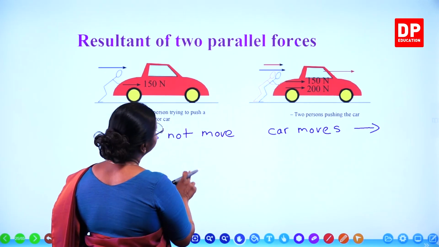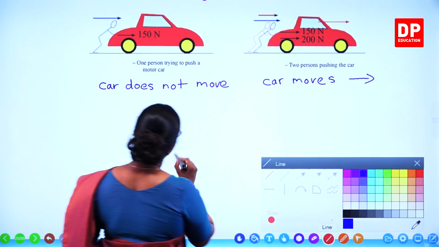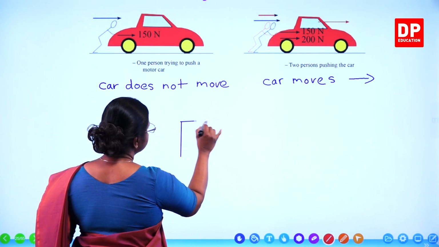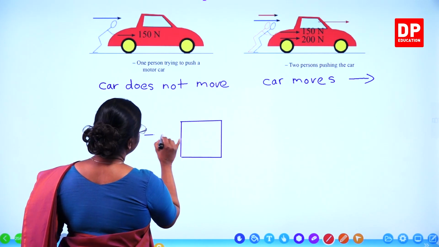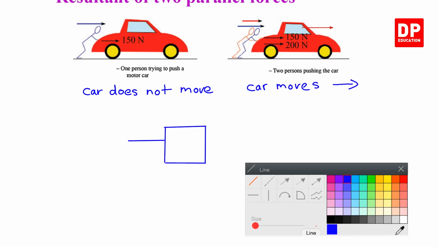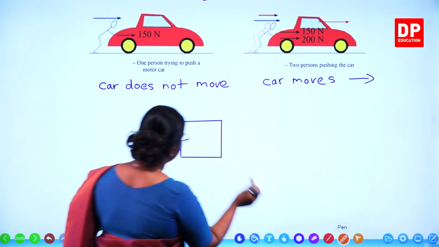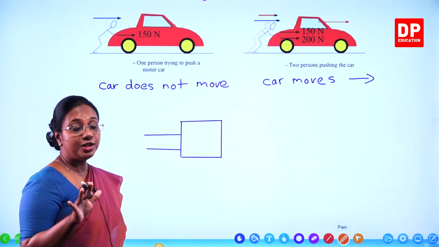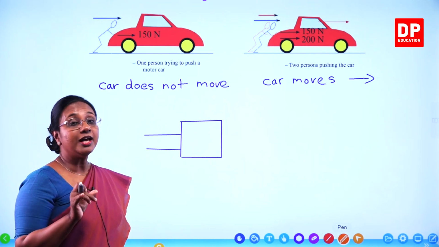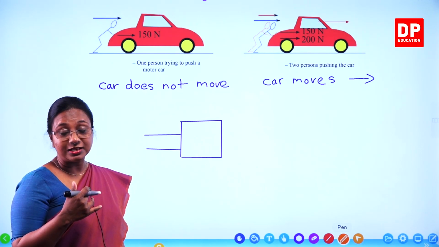So if we try to understand this using a diagram, if this is the car, here you can see one person pushing. Here you can see, students, there is an additional force, two forces, they are parallel forces. So let's say I haven't drawn it according to the scale. Normally you all know the length of the arrow that is used to indicate the force indicates the magnitude of the force.